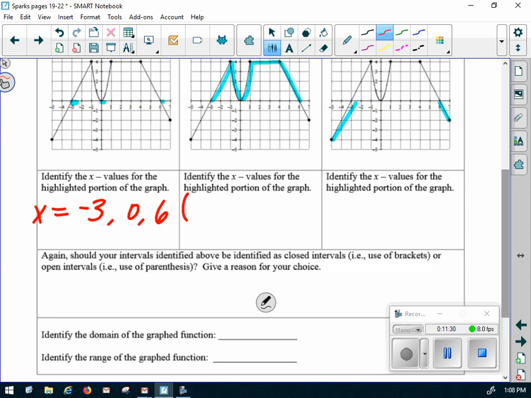So -3 to where? Because when x is 0, what is y? 0, so that's not above the x-axis. So -3 to 0 and (0 to 6). Now, is 6 included? Is the y value there above the x-axis? No.